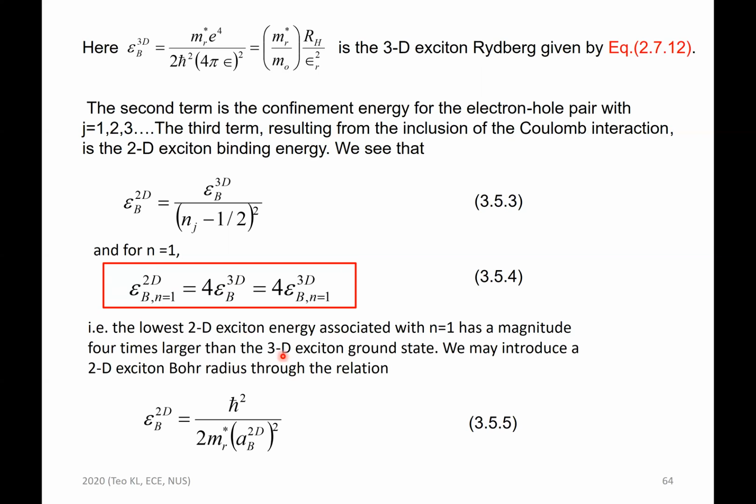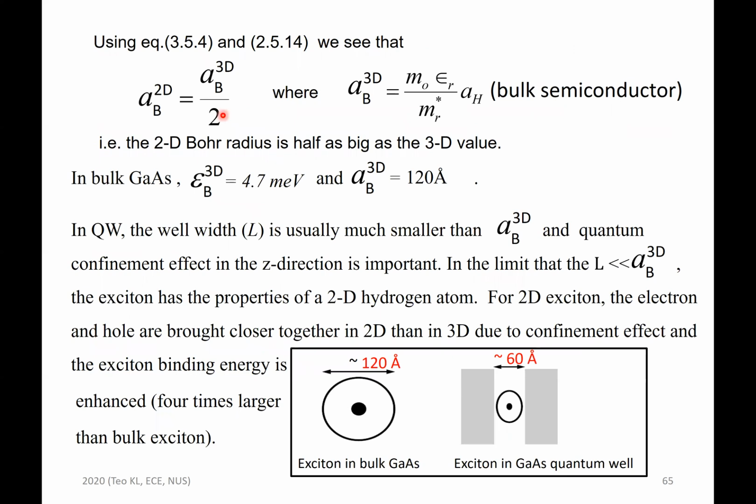Now, for the Bohr radius of the exciton in the two-dimensional case, it can be expressed through the binding energy in the two-dimensional case. So the binding energy for 2D can be expressed in terms of the exciton Bohr radius in two dimensions. Now, the Bohr radius of the exciton in two dimensions can be expressed in terms of the three-dimensional case.